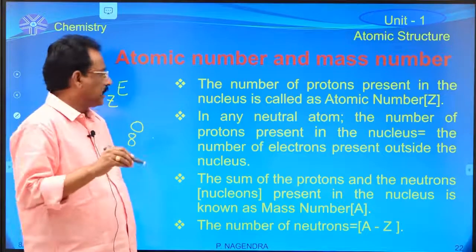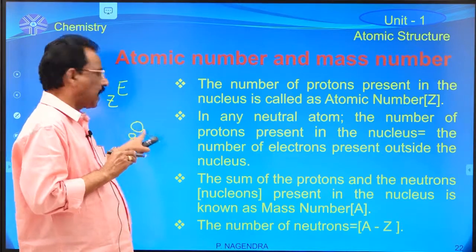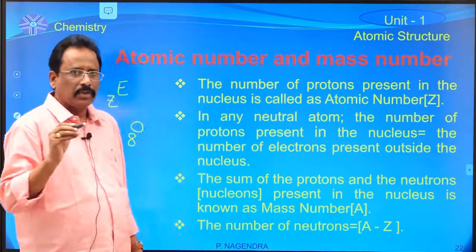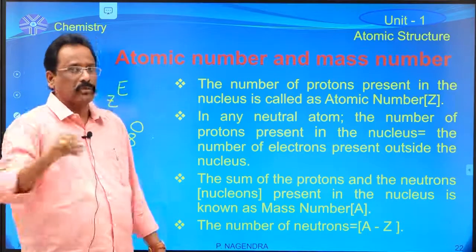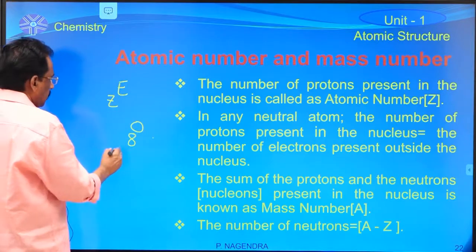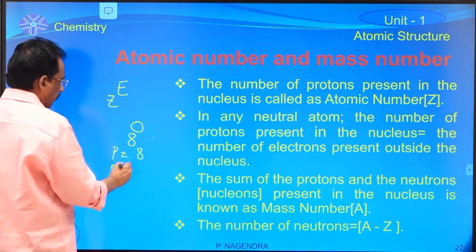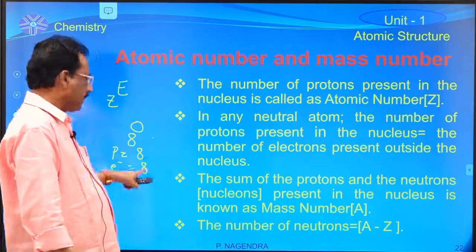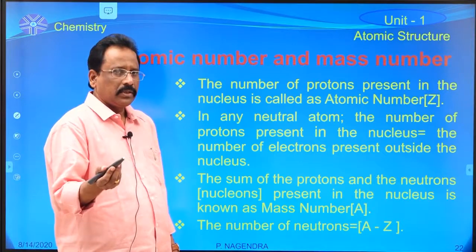In the same way, if it is a neutral atom, if this atom does not have any charge, now the atomic number Z is also equal to the number of electrons present outside the nucleus. That's why in this representation, the proton number is equal to 8 and the electron number is also equal to 8. That's why charge is 0. Plus 8 and minus 8, sum becomes 0. For any atom, charge is 0.